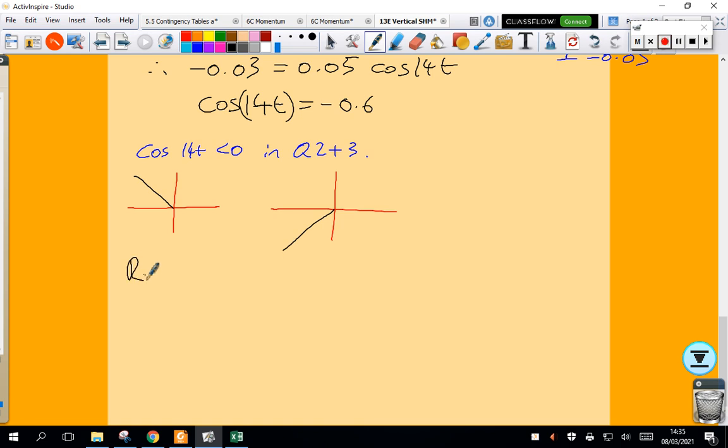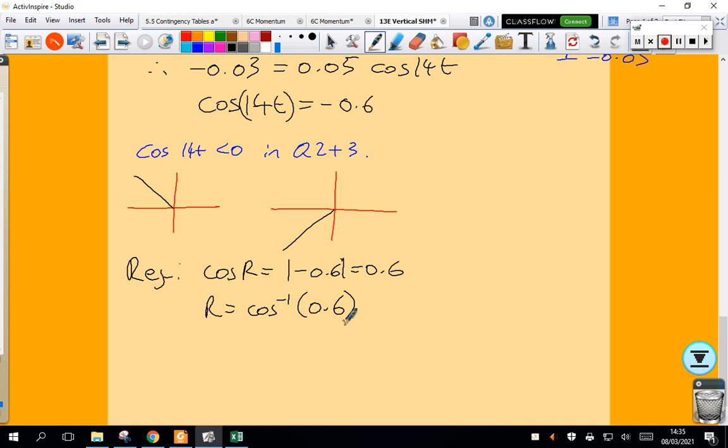The reference angle, well, we know that the reference angle is always the absolute value of cosine of the angle. So it's going to be absolute value of negative 0.6, which is just 0.6. So the reference angle is going to be cosine inverse of 0.6.